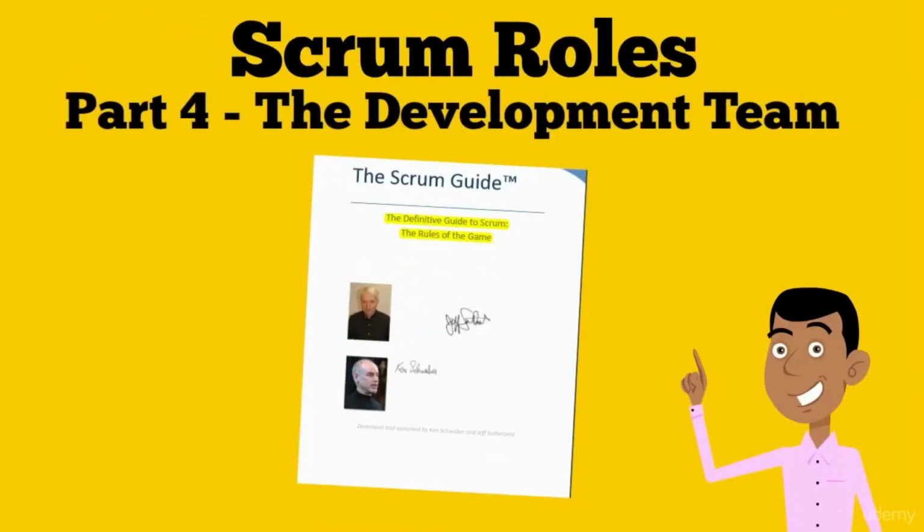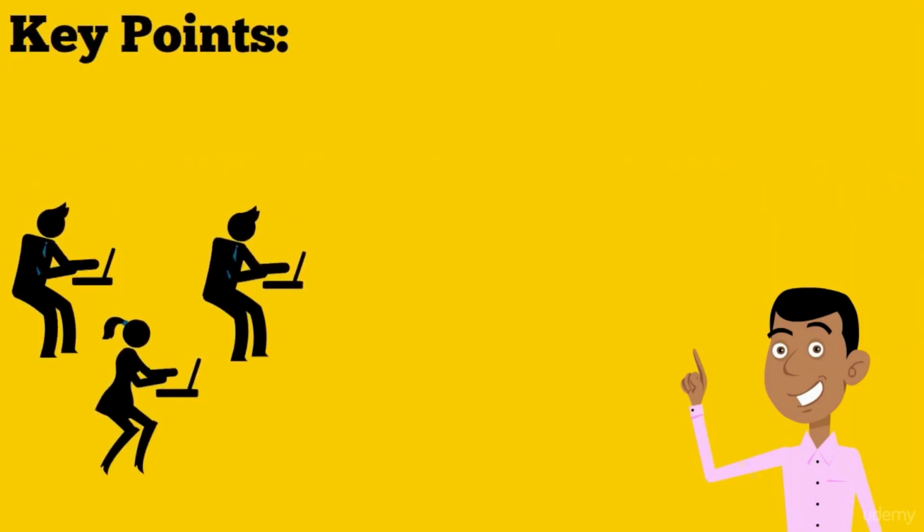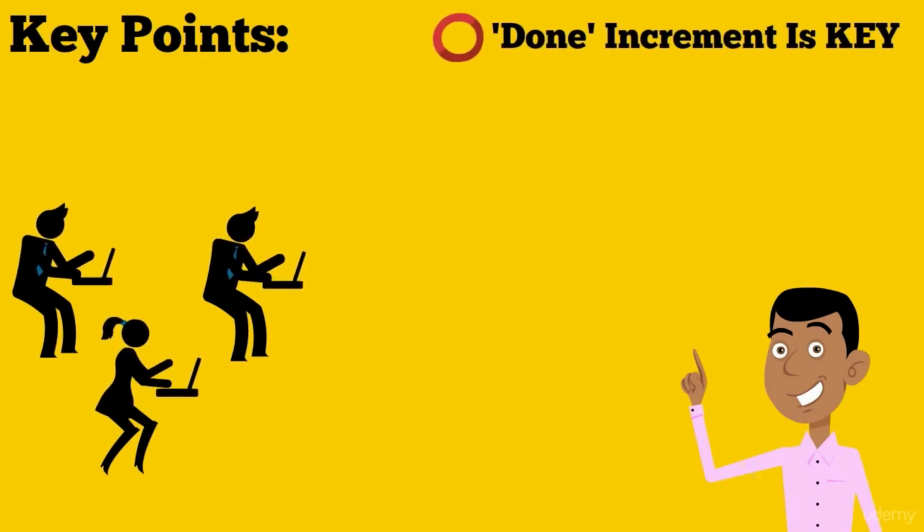The development team. So a development team consists of professionals who do the work of delivering a potentially releasable increment. So what I'm drawing attention to here is really just the definition of what the development team does. And again, to the fact that, as you've seen me mention many times, the done increment really is key.